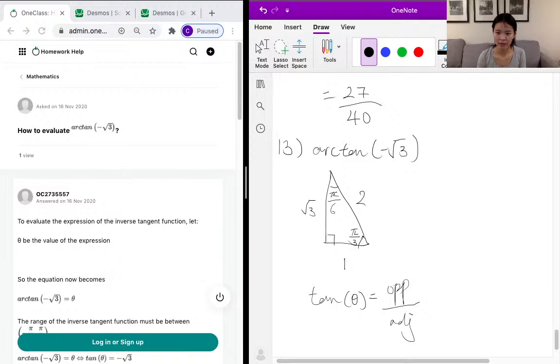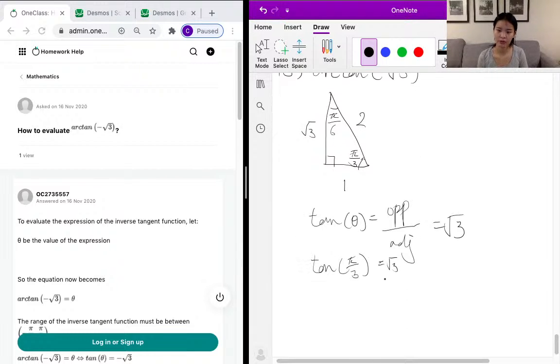So we know the answer is pi over 3, because the tan of pi over 3 is √3 over 1, which equals √3.